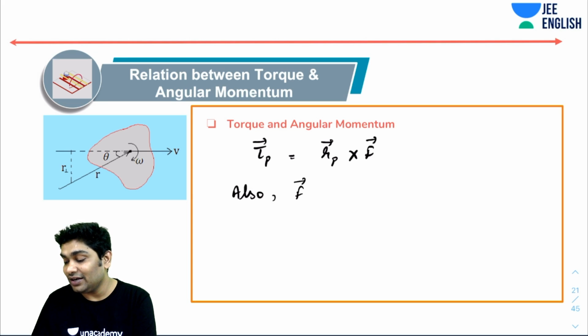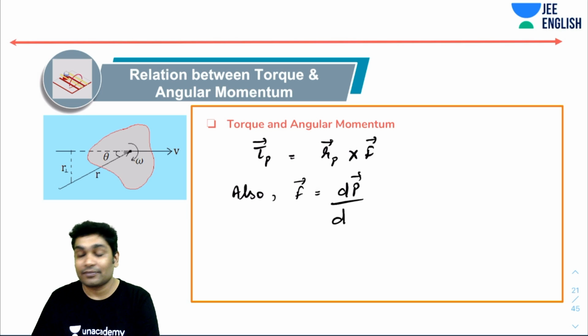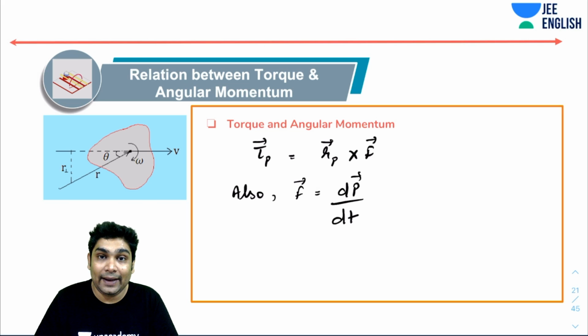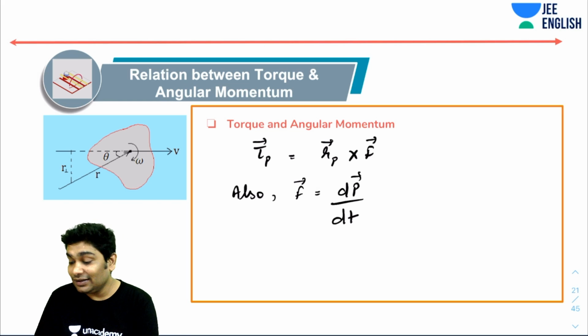F can be written as dp by dt. Okay, that's it. If I write that, then I have tau about P equals r about P cross dp by dt. Correct.